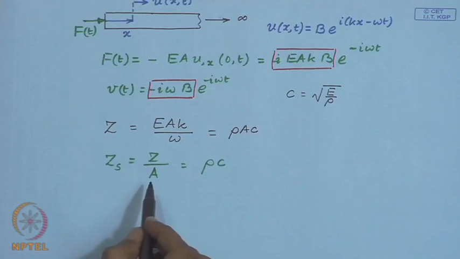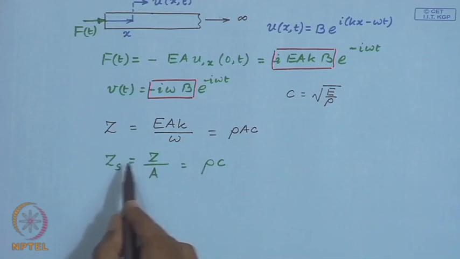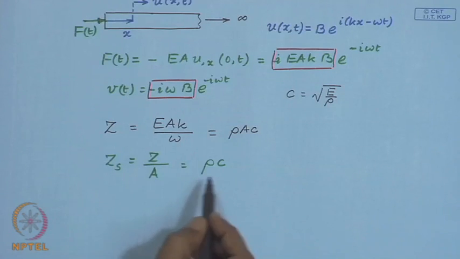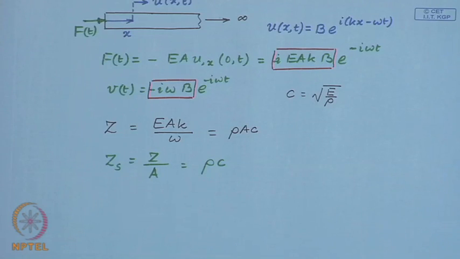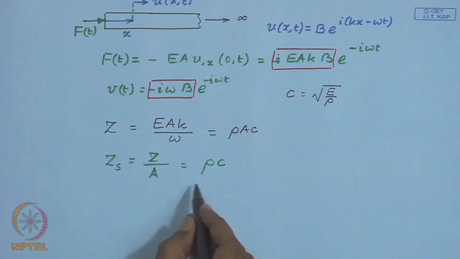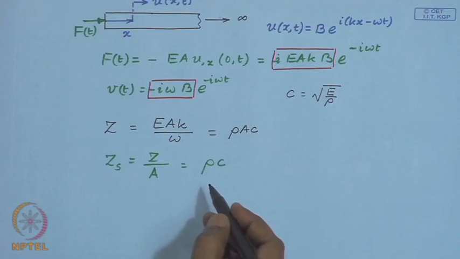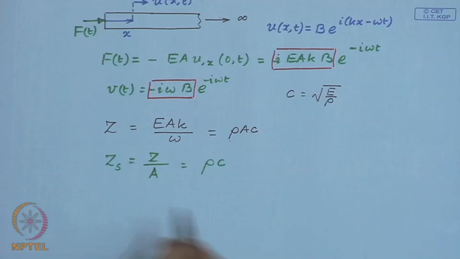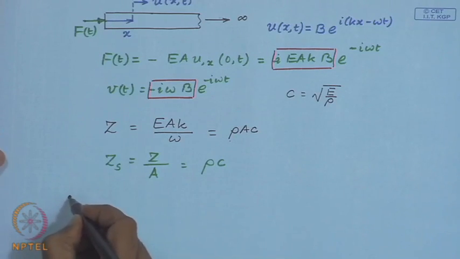So, this is a ratio of the complex stress amplitude divided by the velocity amplitude. So, this is in terms of stress. Now, in the two cases that we have studied, this impedance appears as a real number. These are real quantities, but in general impedance can be complex.